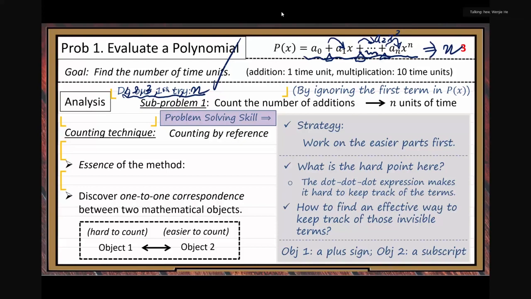And we know in the real world, the response time for each multiplication is much slower than for the addition, approximately a 10 to 1 ratio.